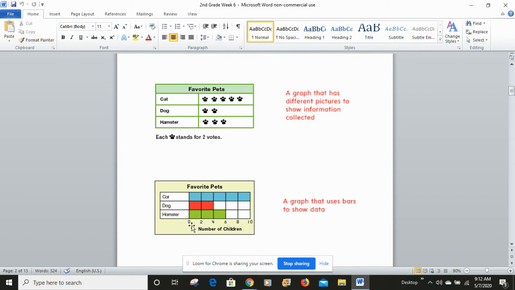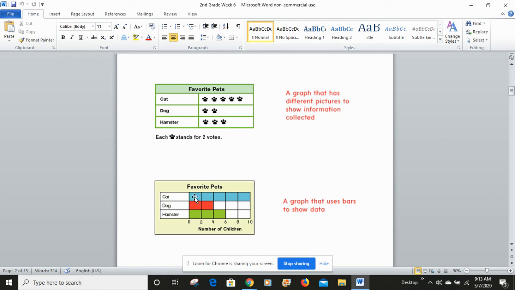So then you look at that number line and you'll see that once again they're counting by 2s. 2, 4, 6, 8, 10. And what that does is, like with the picture graph, it just shortens the graph a little. You can tell the same information, but instead of having 10 squares that might go all the way out to here, they can show it in a much shorter and quicker kind of graph. So make sure that you're looking at that scale on the bottom so that you know how you're counting when you're looking at the bars.